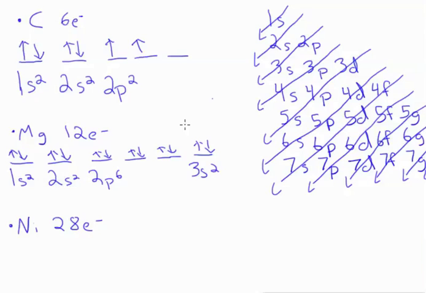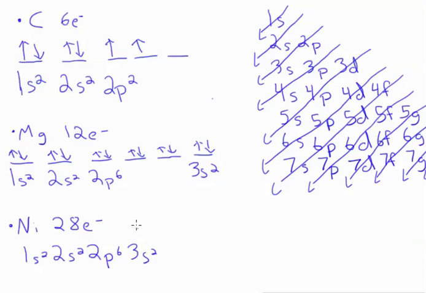Our nickel is going to start just like all the rest. 1s2, 2s2, and then 2p6. And then after 2p, you go down to 3s. And that's 2. So this is magnesium, this is 12. So we can keep going.